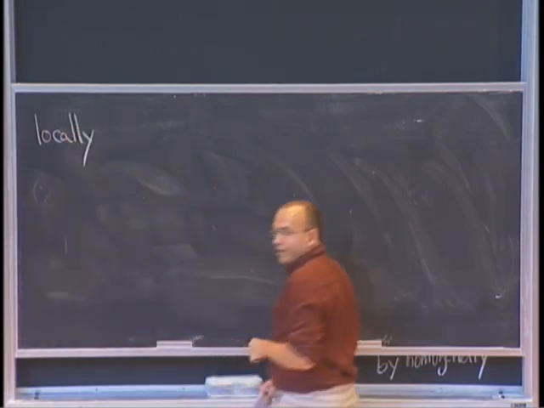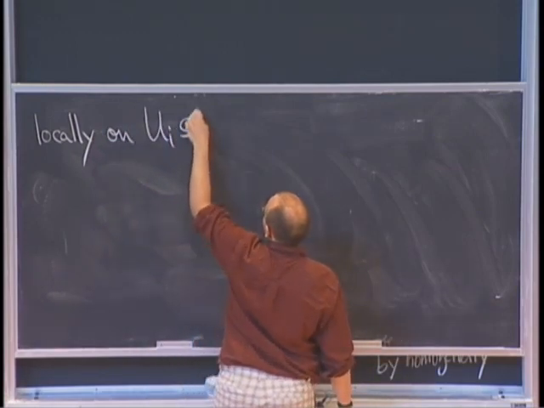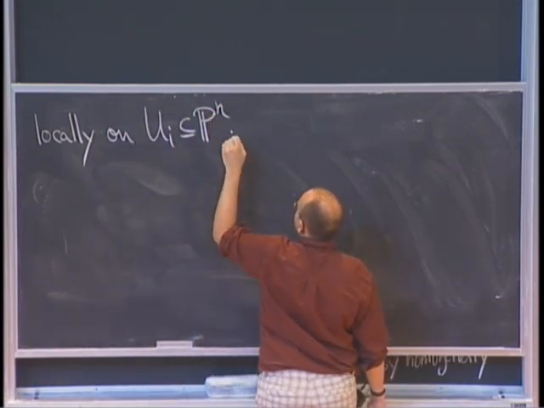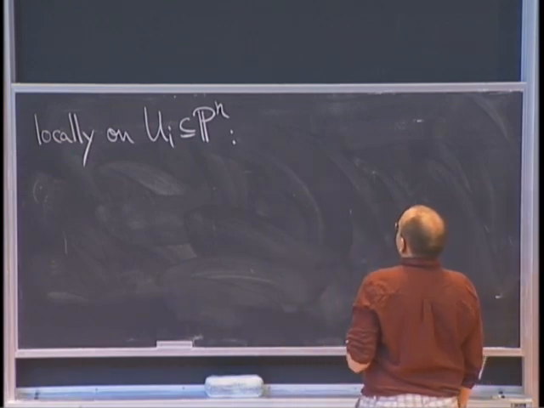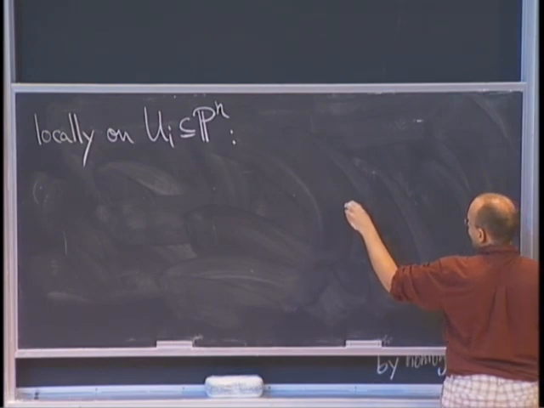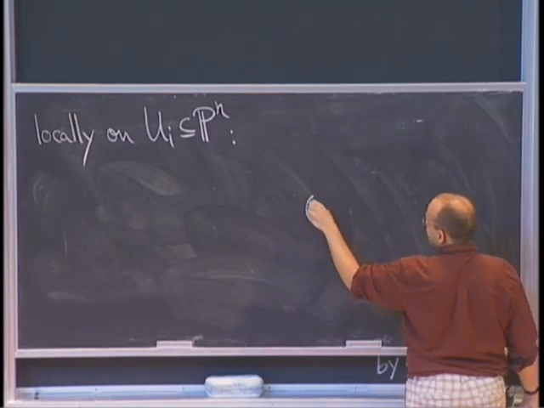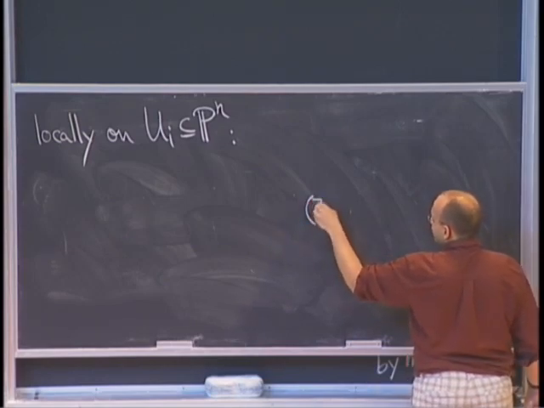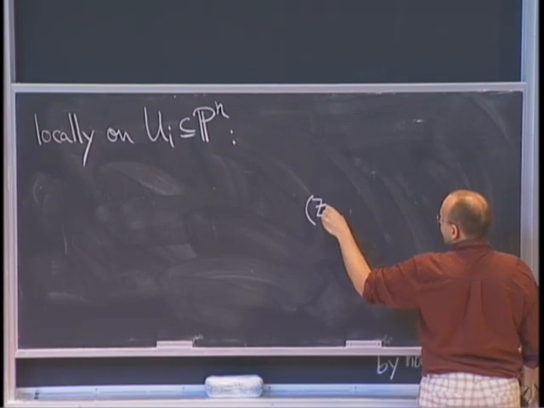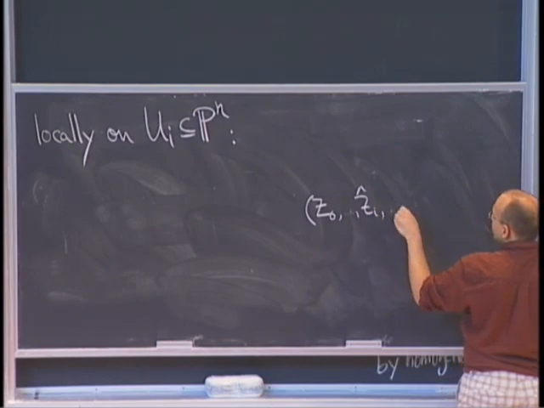So I take my affine charts in projective space. So on U_i, my standard affine chart. So remember, my canonical local trivialization for O(-1) is to take affine coordinates on that chart.